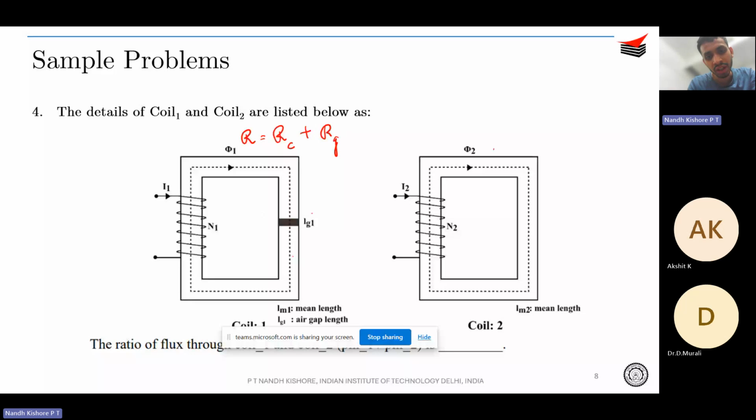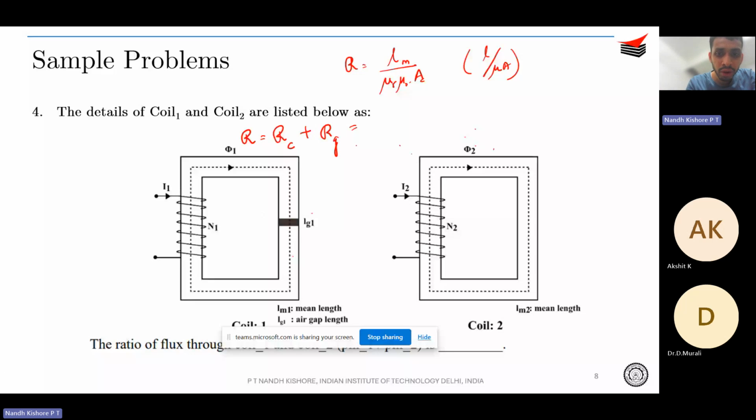People generally assume that the core reluctance is very small compared to the air gap reluctance, so of course they neglect it. But if you want to get the actual value, you know that the reluctance is Lm divided by mu naught mu r into AC. That is L by mu A, your formula for reluctance.